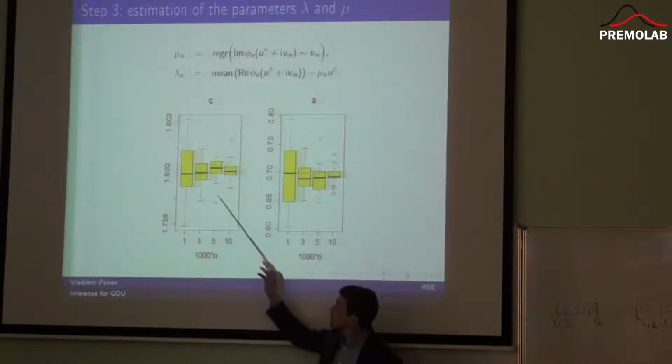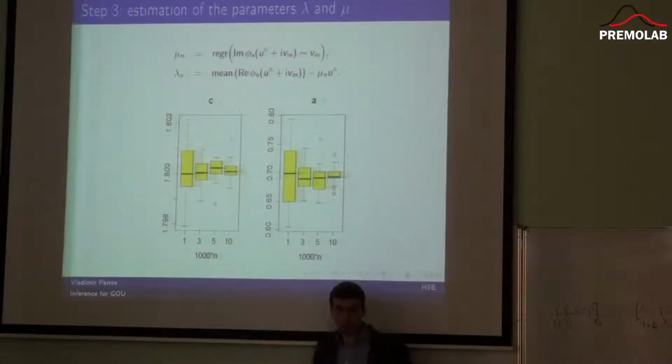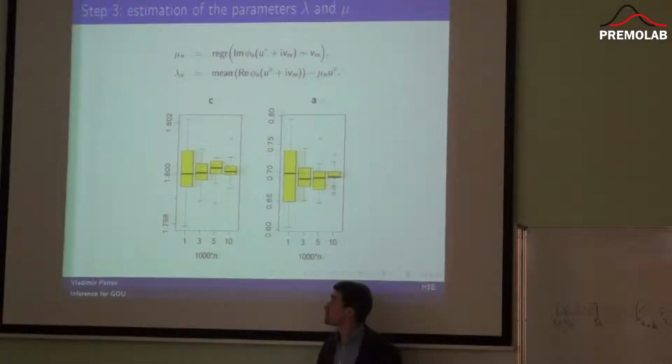What we can check using this picture is that our estimator seems to converge to the true value. So this picture gives us hope that our estimator converges to the true value.